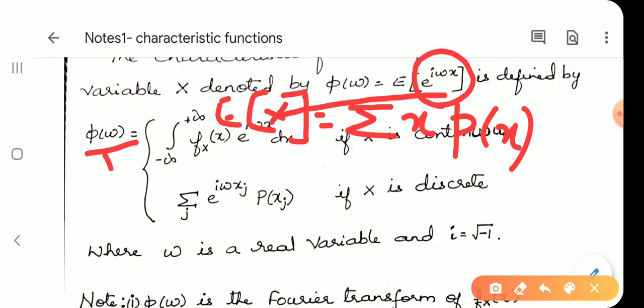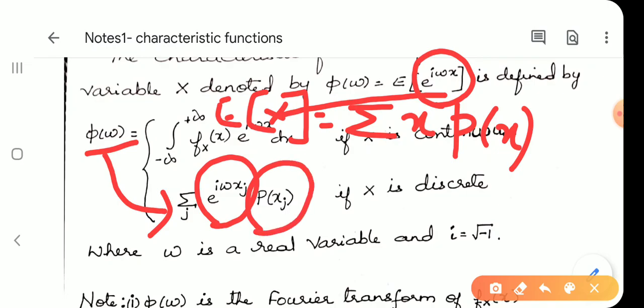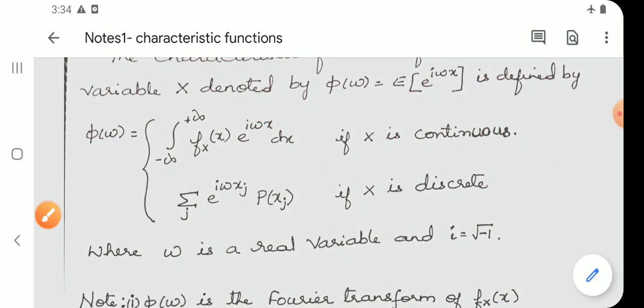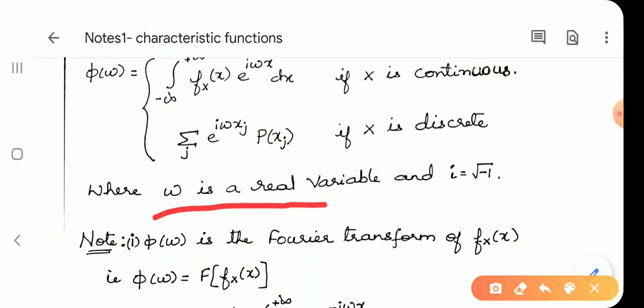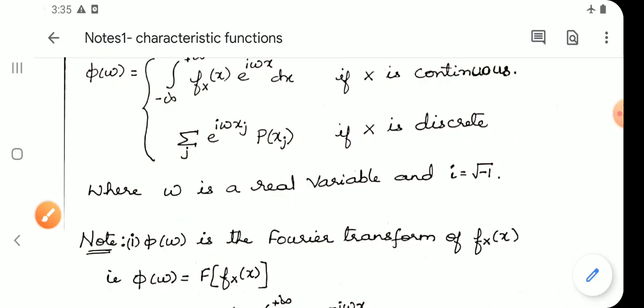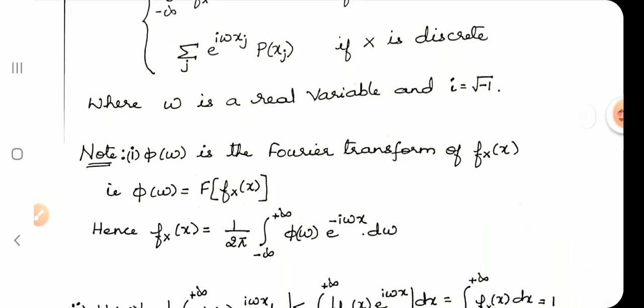Therefore, phi of omega becomes the summation of e to the power i omega x_j into p of x_j if X is a discrete random variable, where omega is a real variable and we know the value of i is the square root of minus 1.